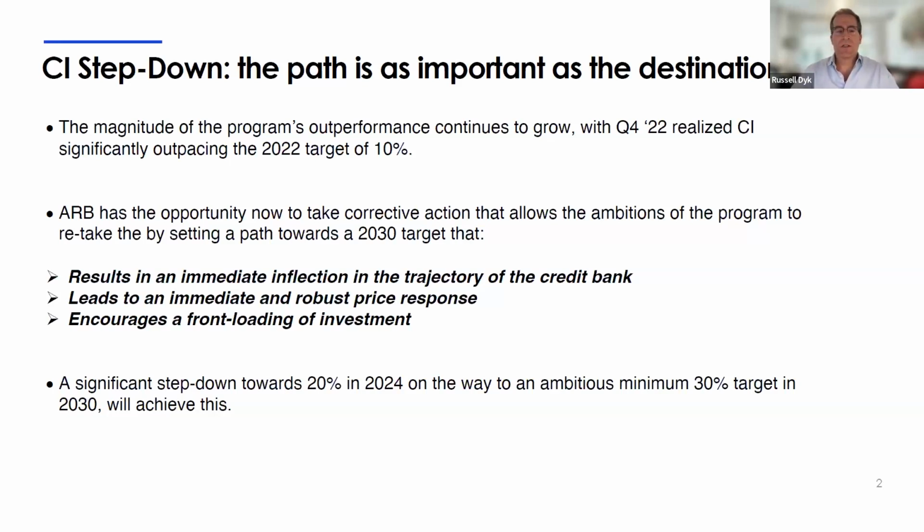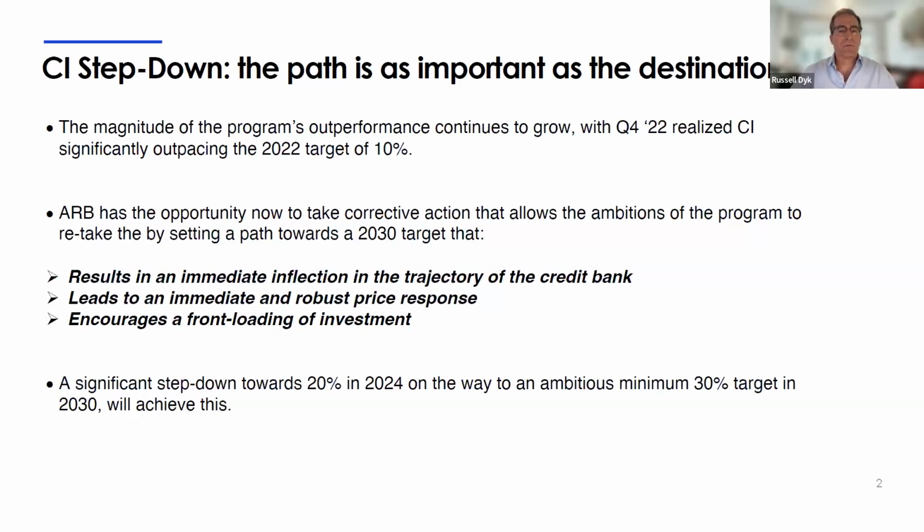First, such a step down would result in an immediate inflection in the trajectory of the credit bank. That in turn would lead to an immediate and robust price response. I just want to emphasize something that Graham said, is that the incentive of the LCFS program is vitally important, not only to credit generators, but also to the investors in those credit generators.